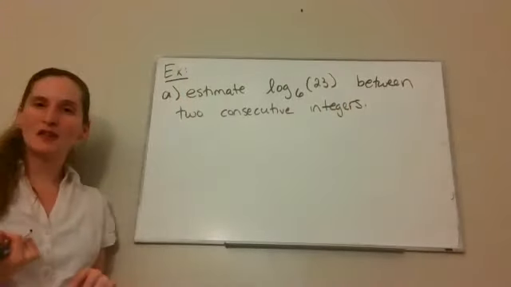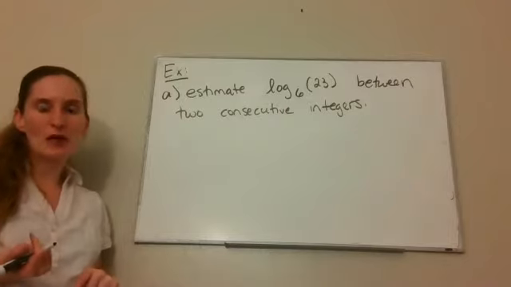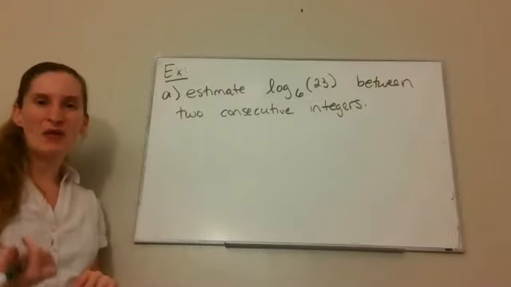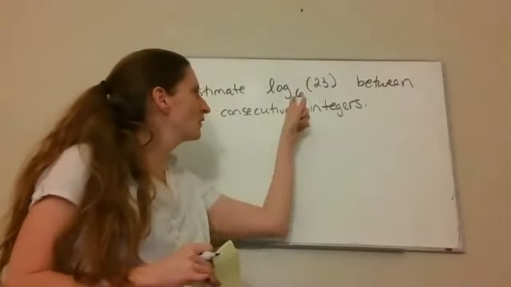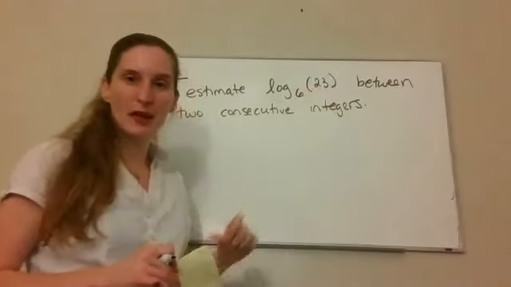So remember that logarithms are talking about powers. So I have to think of powers of 6. And I want to find powers of 6 that are surrounding this 23.